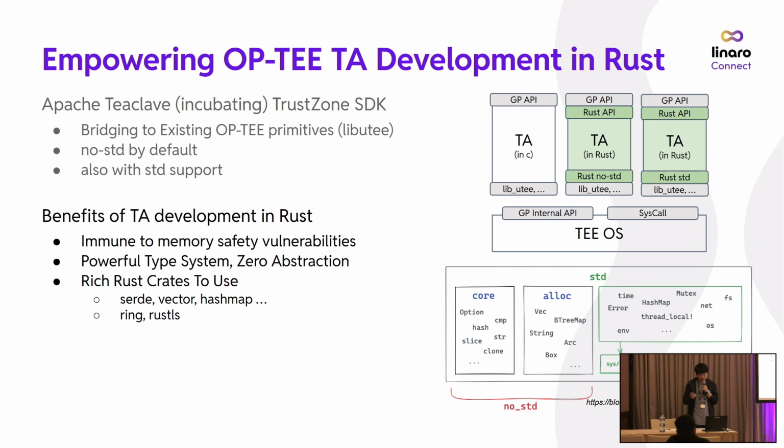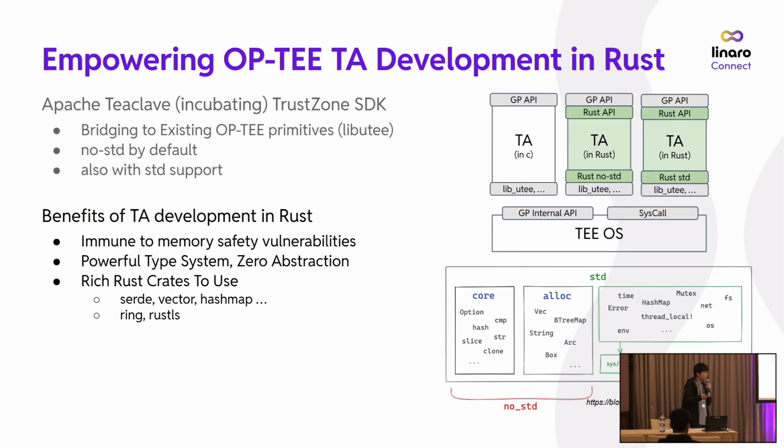And also, by enabling the Rust SDK, we have a lot of Rust crates to use out of the box. For example, developers can use serde to serialize and deserialize the parameters or the TA requests in a very safe manner.